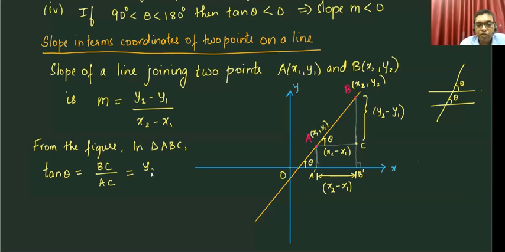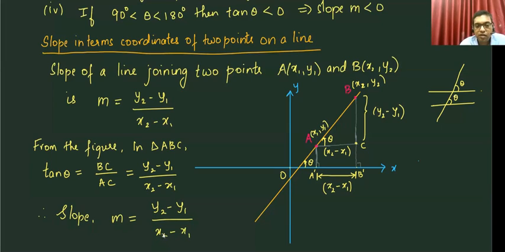Opposite side is y2 minus y1, adjacent side is x2 minus x1. Therefore slope m is equal to y2 minus y1 by x2 minus x1. Okay, this is the gradient.